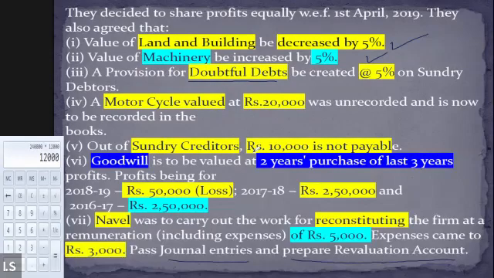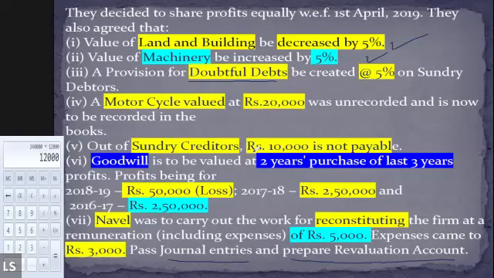Okay, moving on to item number 7. It says that Naval was to carry out the work for reconstitution of the firm at a remuneration including expenses of rupees 5,000. Expenses came to 3,000. See, there are 3 partners, Naval, Kareem, and Rahman. One of the partners, Naval, has agreed to carry out all the operations, all the work relating to the reconstitution.